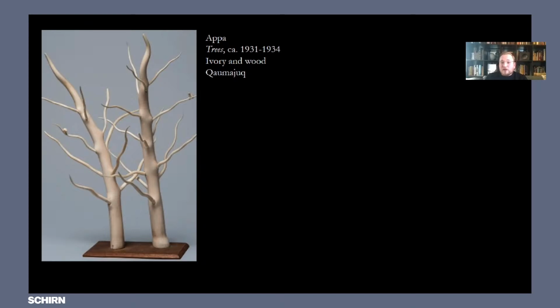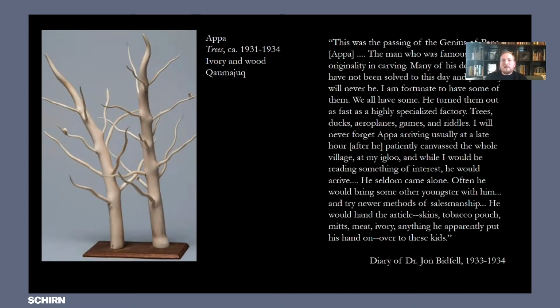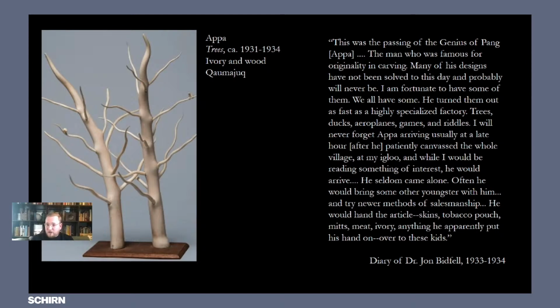Now, what's also interesting about Oppa in particular is that we have a really wonderful entry about him in a diary of one of the doctors who worked at the hospital in Panniktuk, where we know that Inuit came and traded their ivory wares, including this sculpture of trees that was collected by the nurse Prudence Hawken, the white nurse Prudence Hawken.